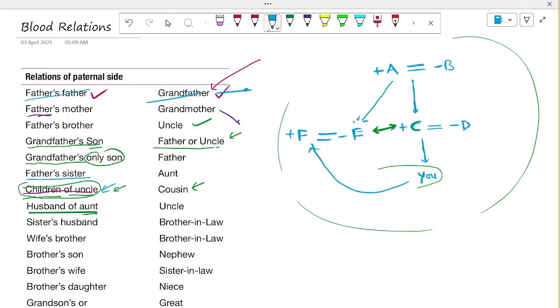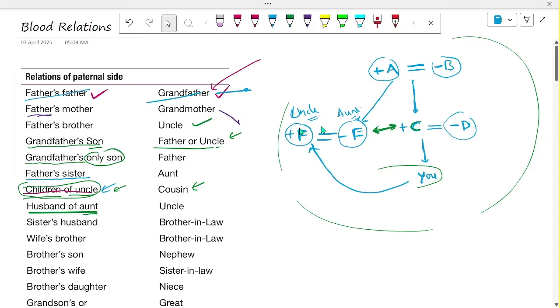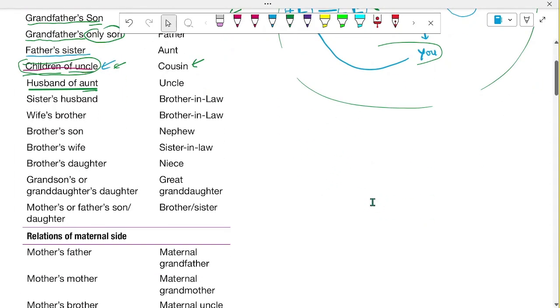She will be called aunt. She is your mother, she is your grandmother, he is your grandfather, and he will be your uncle. She will be aunt. In this way, you need to draw the diagram. If this is understood, then you will be able to solve all the questions asked here.